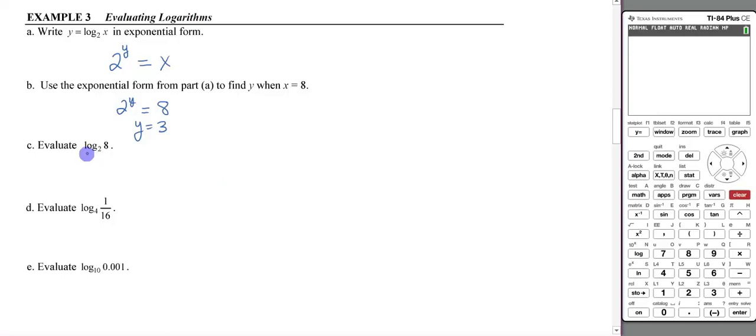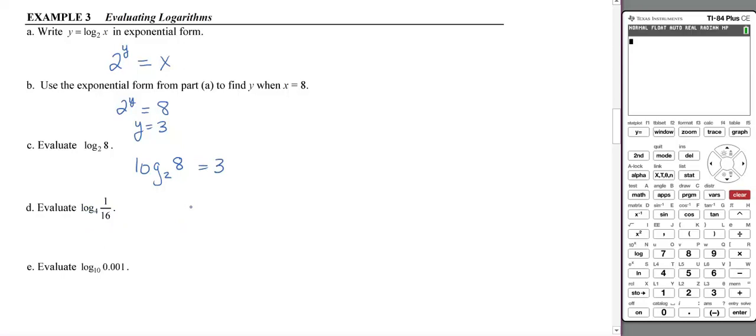Let's evaluate log base 2 of 8. So we're asking, what exponent do I put on 2 to turn it into 8? 3. The same as how we got it when we used exponential form. Now let's evaluate the log base 4 of 1/16. What exponent would I put on 4 to turn it into 1/16?